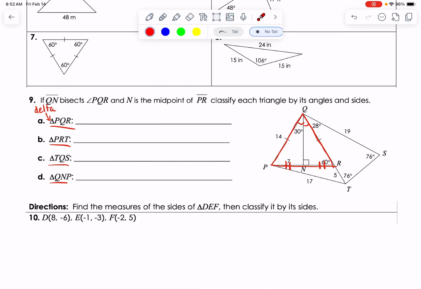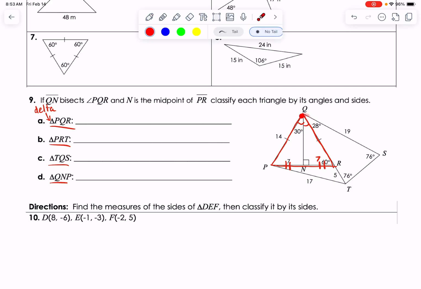But we also have, if we look here, one of these side lengths is 14. And then on this side, we've got a 7, and that's equal to this side, which is also going to be 7. So 7 plus 7 is also 14. So really, PQR has 3 congruent sides to make an equilateral triangle.